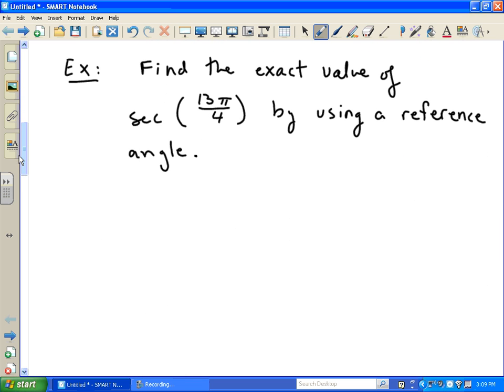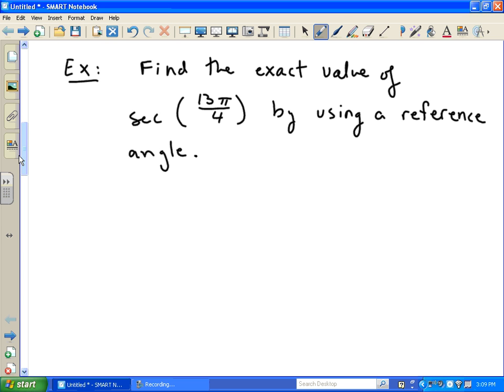Find the exact value of secant 13 pi over 4 by using a reference angle. Now earlier we talked about, I believe, a value of negative 7 pi over 4 when we were in the reference angle lesson.